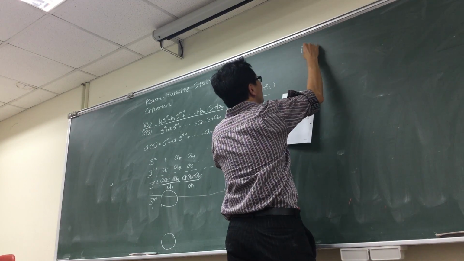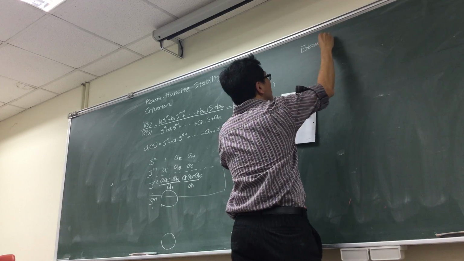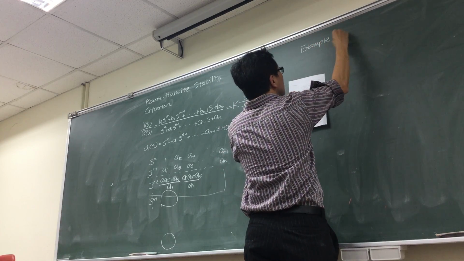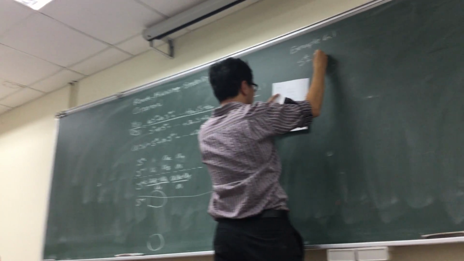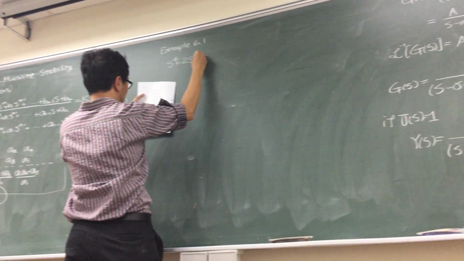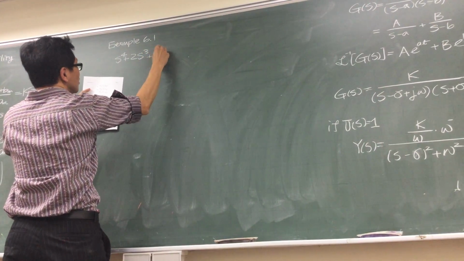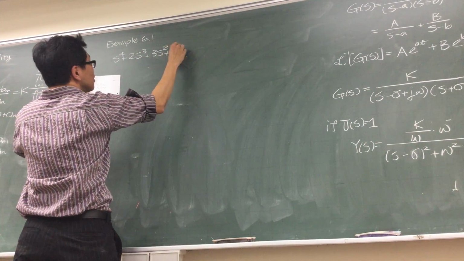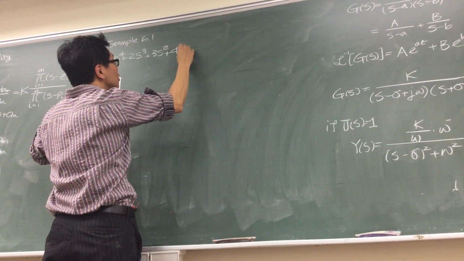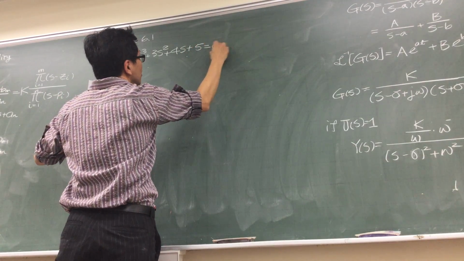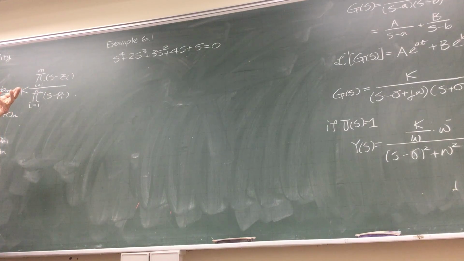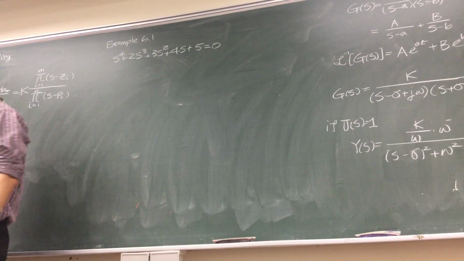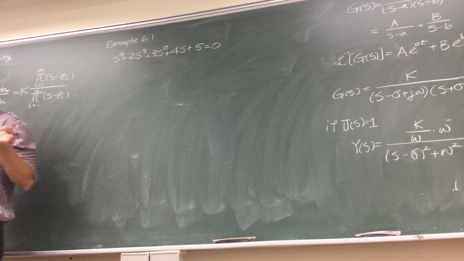Example. I want to determine whether this system is stable or not stable if my A(s) equals this one. You have many ways to do this.